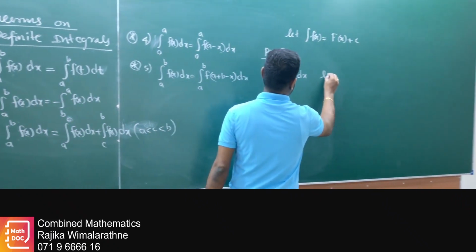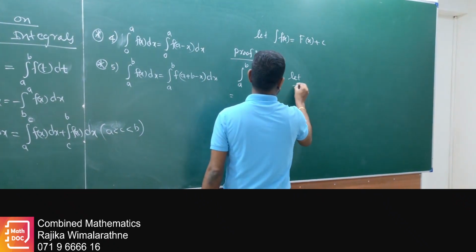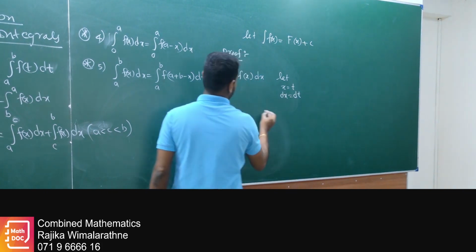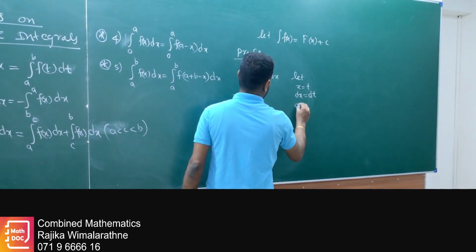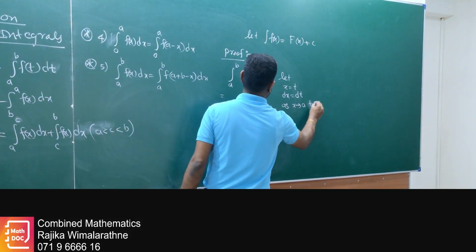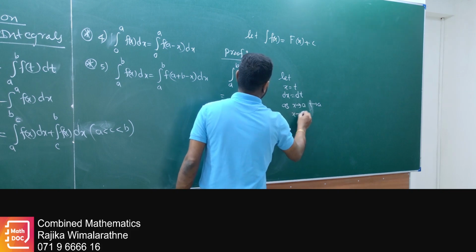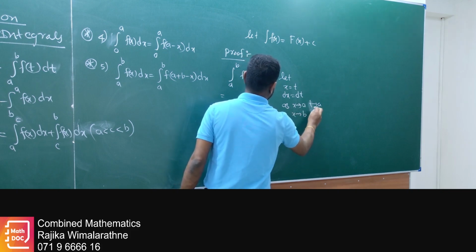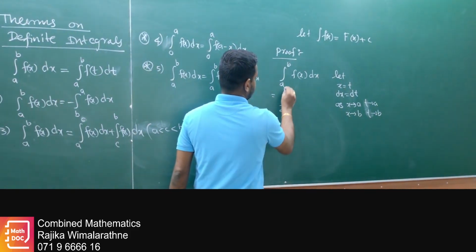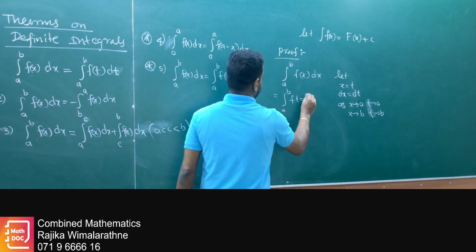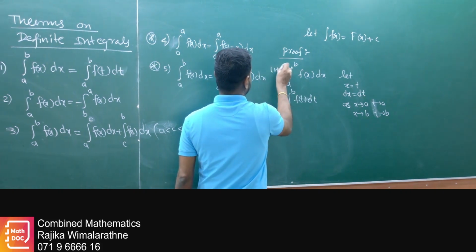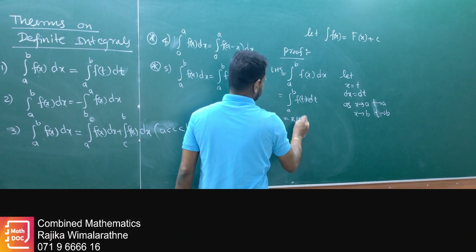You take the substitution, let x equal t, then dx equal dt. Then as x goes to a, t goes to a. As x goes to b, t goes to b. x equal t, no? Then a to b, f(t) dt. Here left hand side equals right hand side.